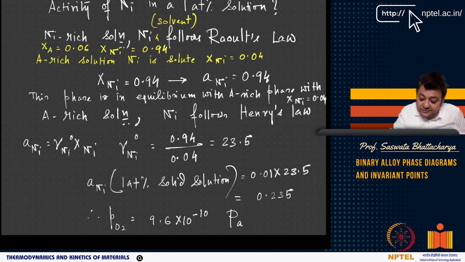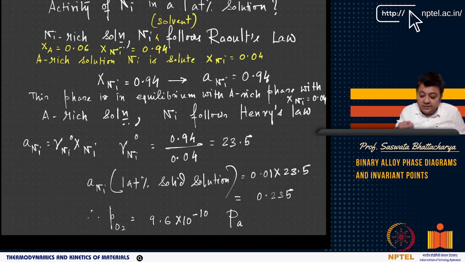So aNi for a 1 atomic percent solution: aNi is gamma Ni 0 into XNi, with XNi equal to 0.01. So 0.01 into 23.5 gives you 0.235. aNi comes out to be 0.235.